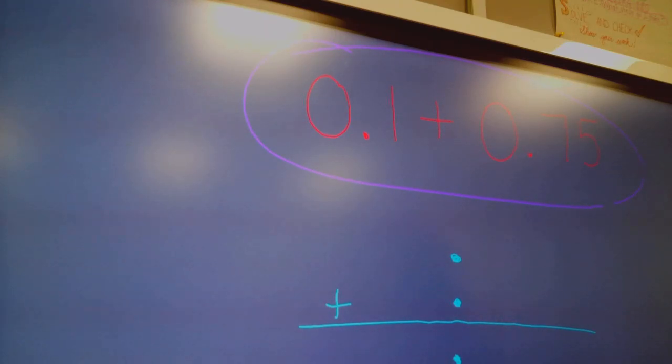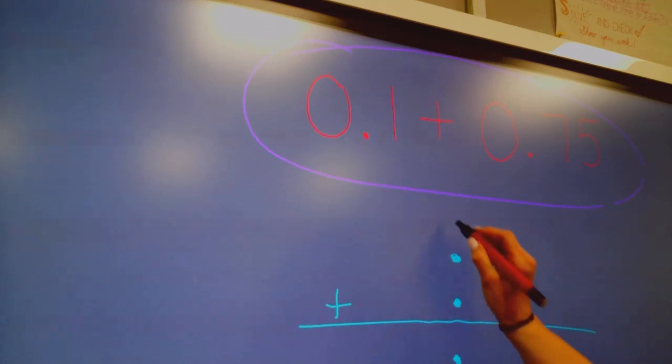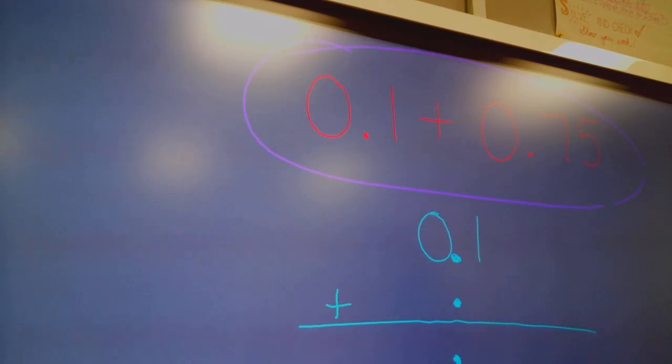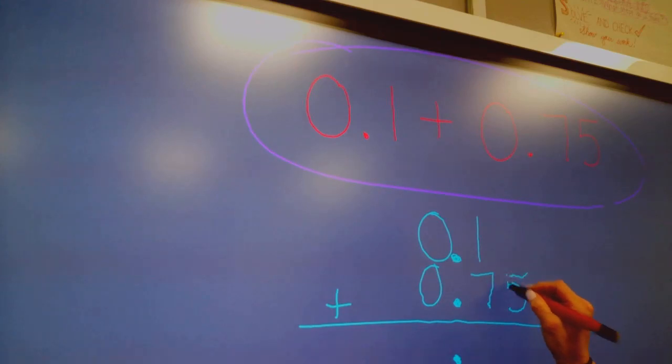And if I keep my place values lined up, then I'm going to be correct. If I let my place values get out of track, I'm going to be wrong. All right, so here, in front of the decimal, I have a 0. Behind the decimal, I have a 1. In front of the decimal, I have a 0. Behind the decimal, I have a 7 and a 5.